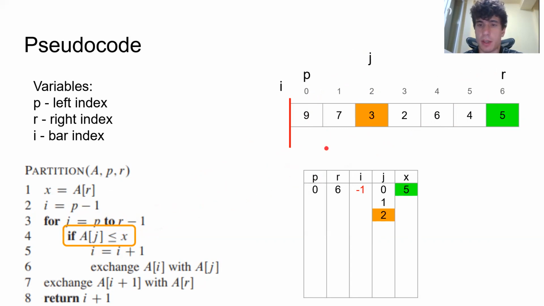Then we move to 3. 3 is smaller than 5. So we move the bar to the right. I becomes 0. It's here. And we exchange the current element with what's left to the bar.